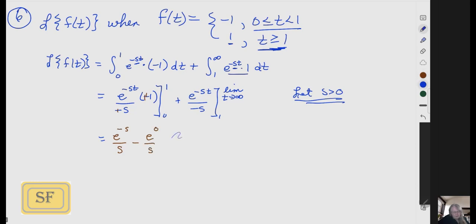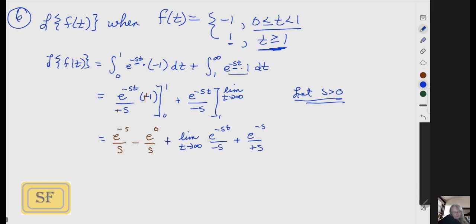On the second part, we have the limit as t goes to infinity of e to the negative st over negative s, and then minus, when we substitute in 1, we get e to the negative s over negative s. On that second term, those two negatives will cancel.